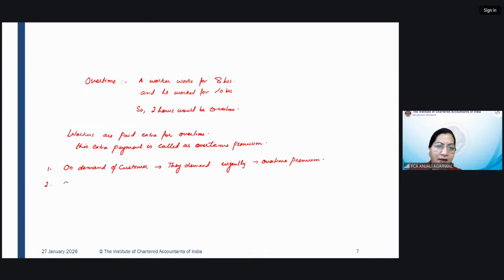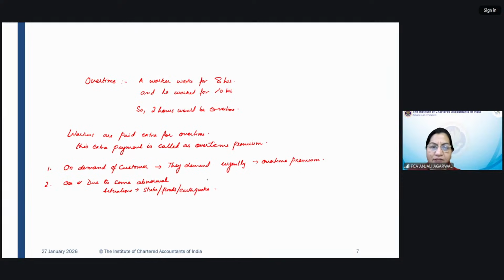Second, it can happen due to some abnormal situations also. Like there was a strike for some time, or there are floods because of which the production remains stopped for some time.